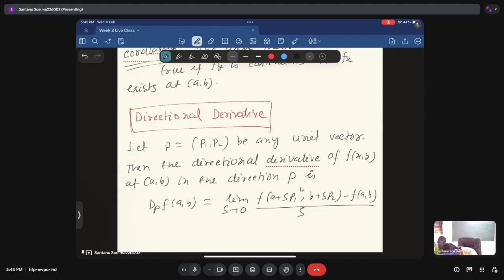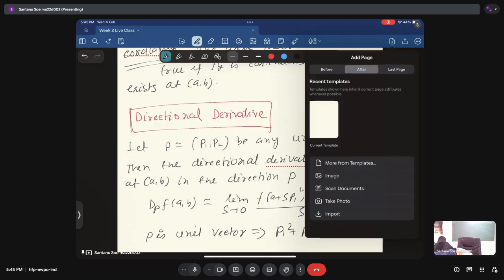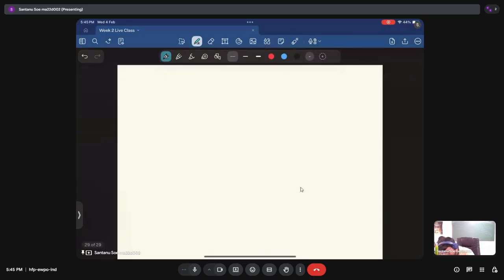Unit vector means p1 squared plus p2 squared is 1. So let me write here clearly, p is a unit vector, which implies p1 squared plus p2 squared is 1. Okay. So yeah, let us give an example first.